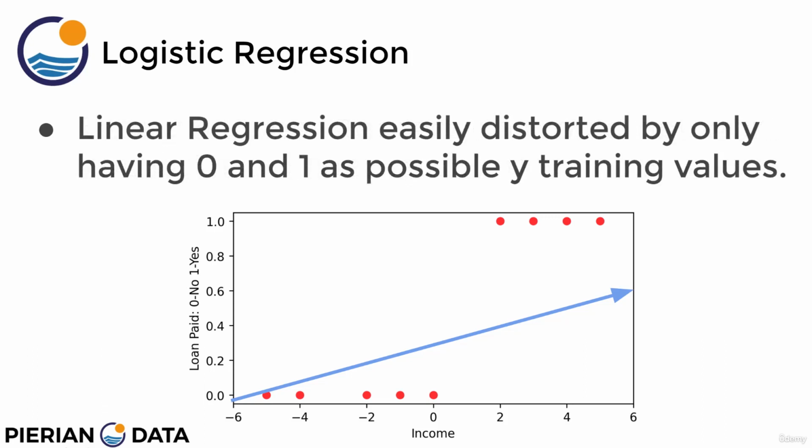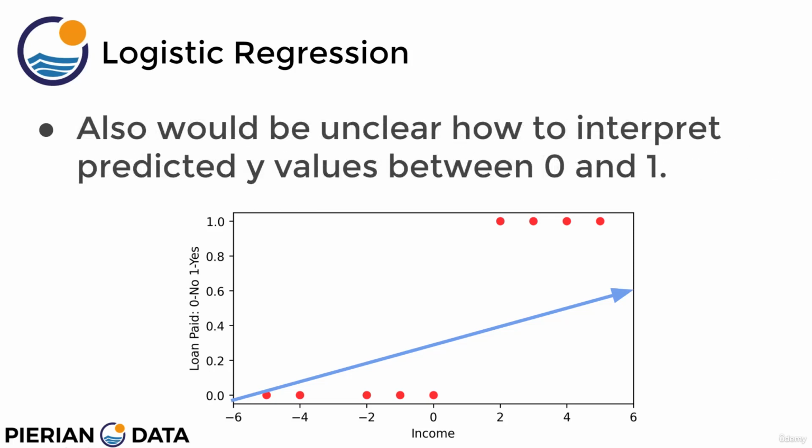Linear regression is easily distorted by only having either a 0 or 1 as possible y training values for a wide variety of x values. It will also be unclear how to interpret predicted y values between 0 and 1. Since here the regression line is predicting some value of 0.2, when we know, realistically, we just want either a 0 or a 1 value.